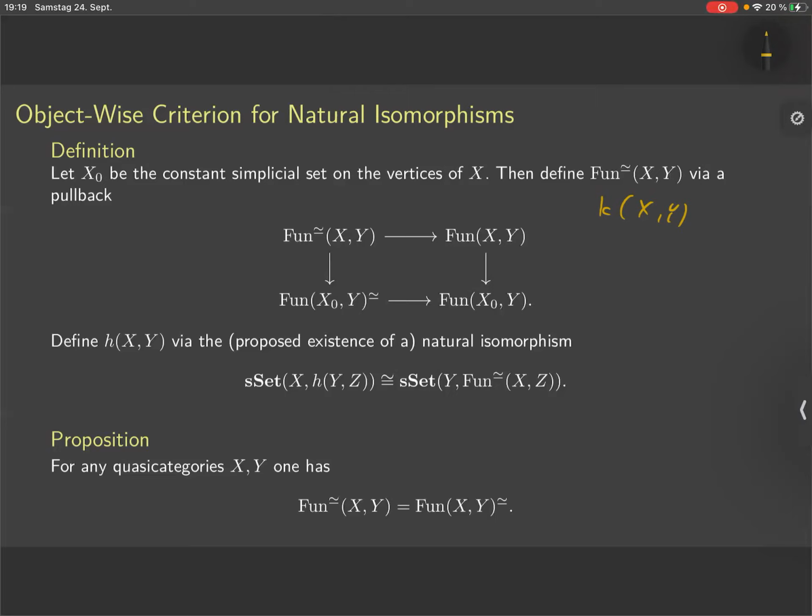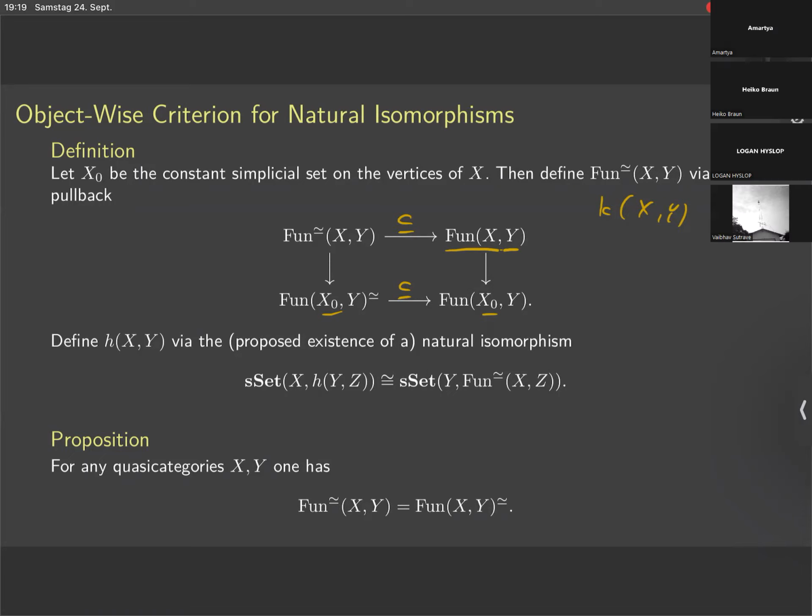So we look at just the functor category, take a subset. Here we take the core, but always restricted to only the objects. So there we are choosing only those morphisms which are object-wise isomorphisms, and then we take the pullback here, and we get always all the functors, and then all the natural transformations which are object-wise isomorphisms.